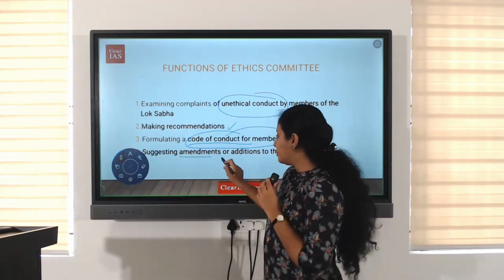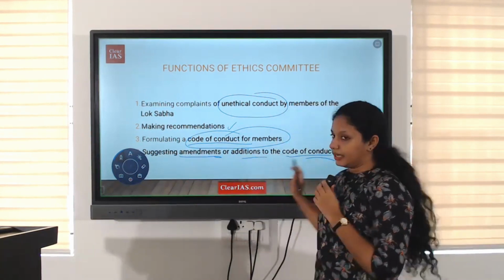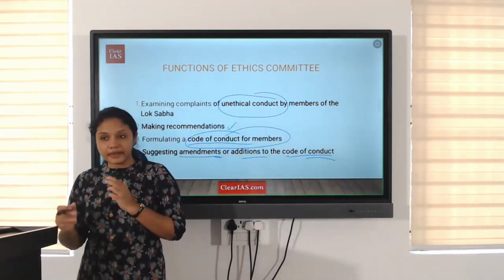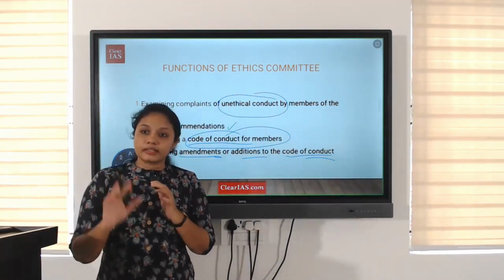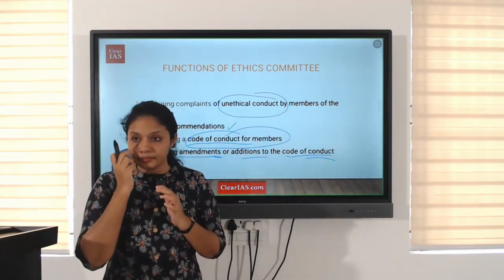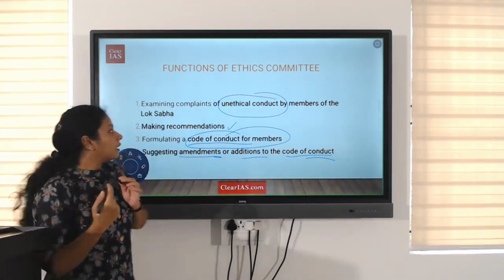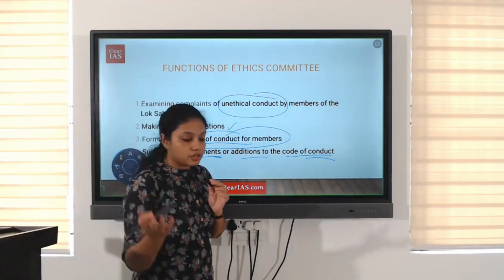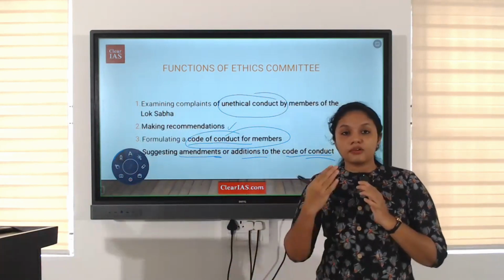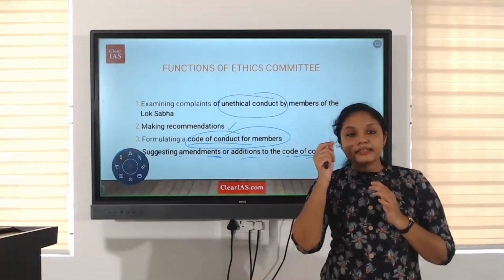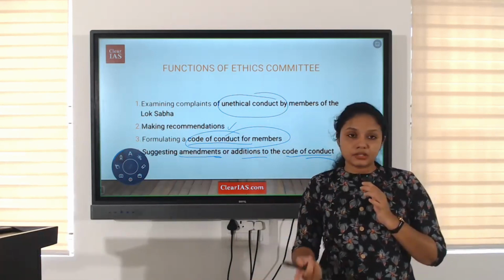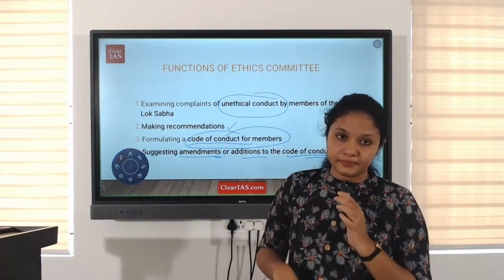Then it suggests amendments or additions to the code of conduct. These are some of the major functions of the Ethics Committee. First, it will examine the unethical practices happening in the House. Second, make recommendations on what changes are needed. Then it will also formulate the code of conduct, and from time to time, if any change is needed, they will recommend amendments to this code of conduct as well.